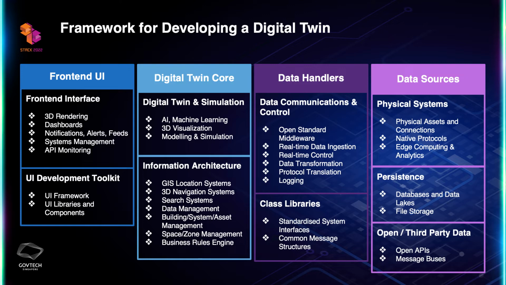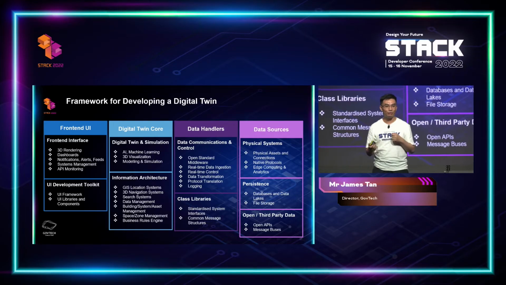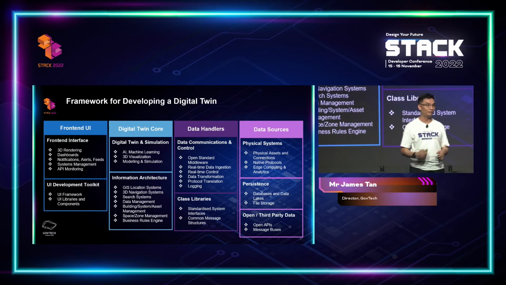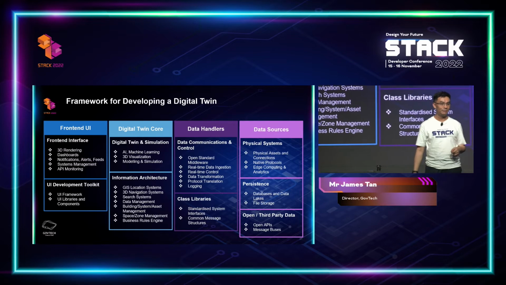Next comes the information architecture. How this information comes in, whether it's geospatial, like using WGS 84 coordinates, or a simple Cartesian XYZ coordinate system, you need to decide. And then you need to find out whether you want to build in a search engine to find objects, to find assets within the digital twin.